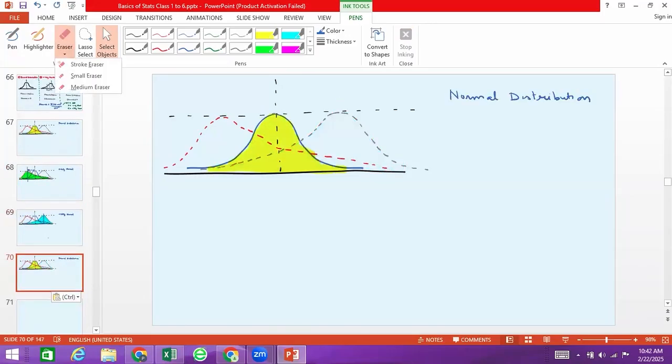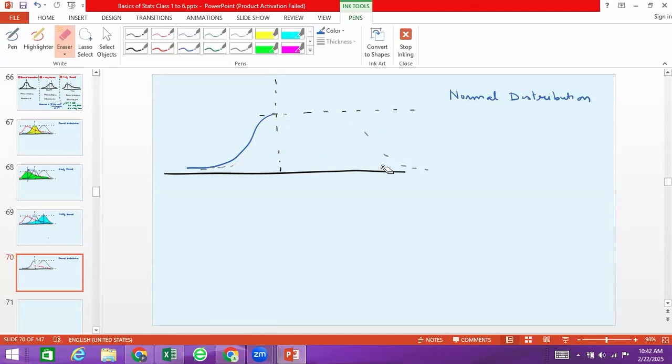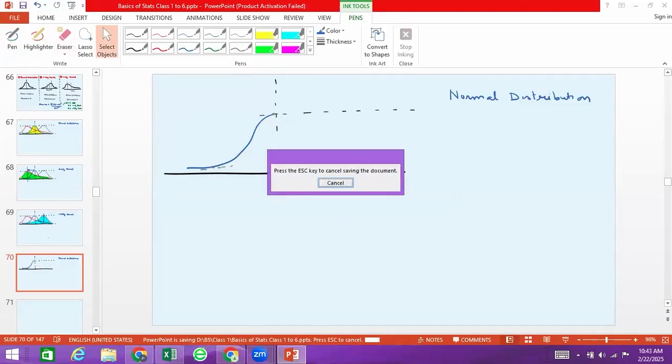In skewness, the peak was moving in the horizontal direction, sometimes towards the right, sometimes towards the left.